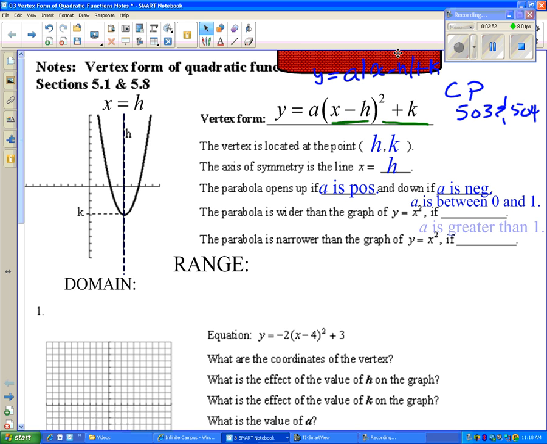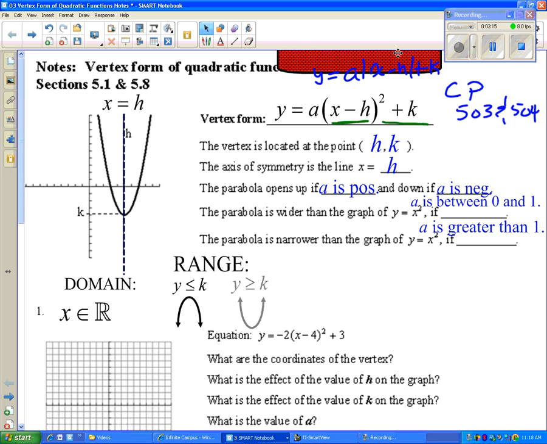It is exactly the same as if a is 1. Domain and range. My domain is x is an element of all real numbers. My range, just like on absolute value, is y is less than or equal to k if a is negative, and y is greater than or equal to k if a is positive.